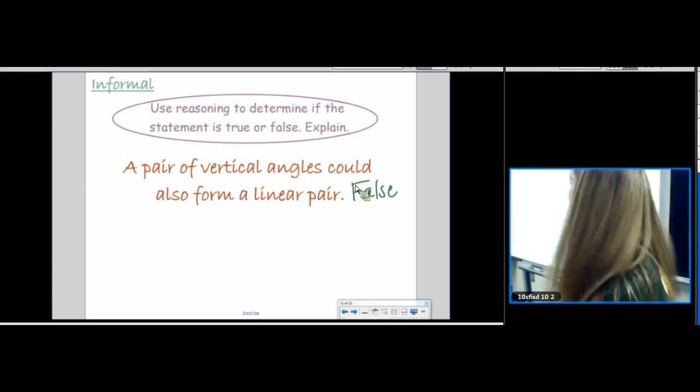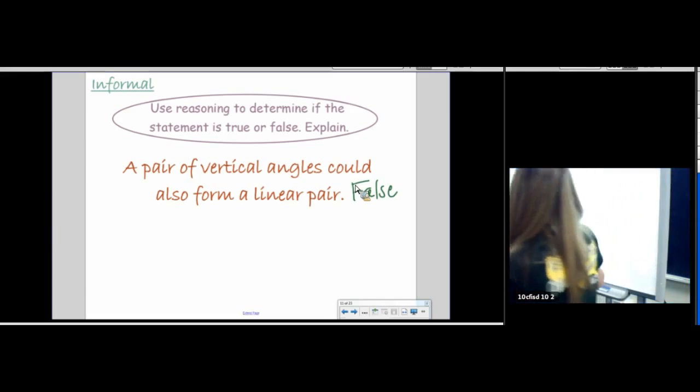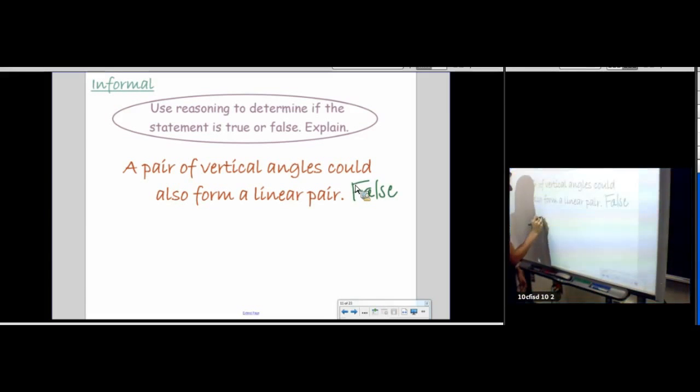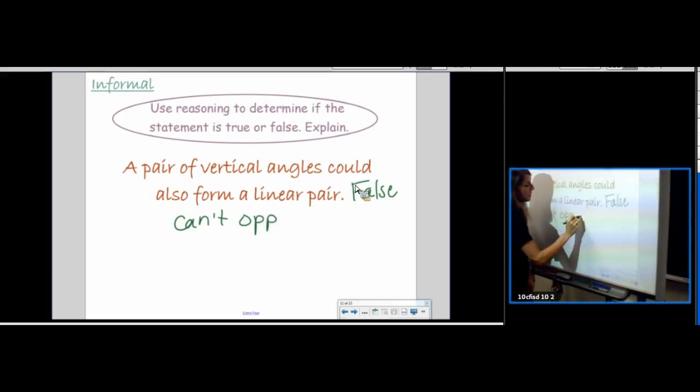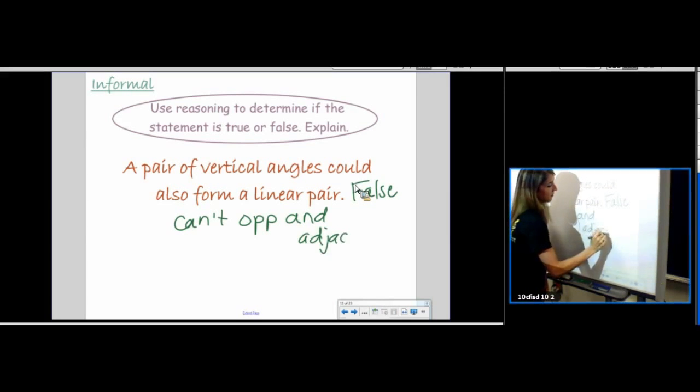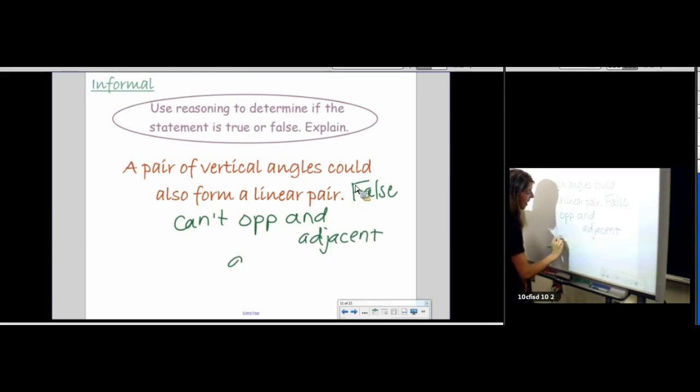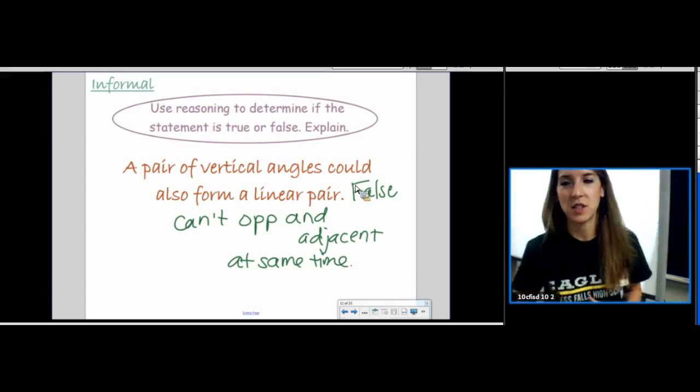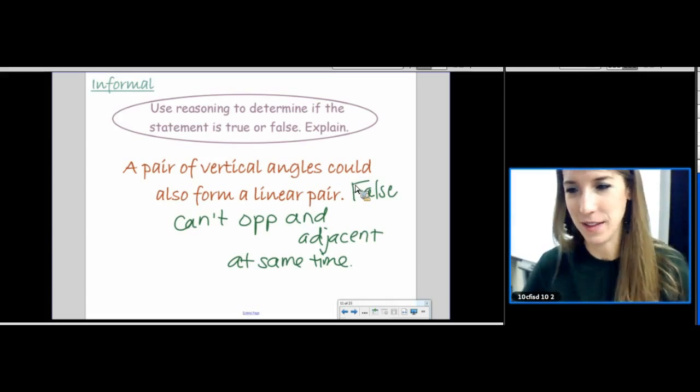So the easiest way to put that is you can't be opposite and adjacent at the same time. That's me summing it up as short as I possibly can.